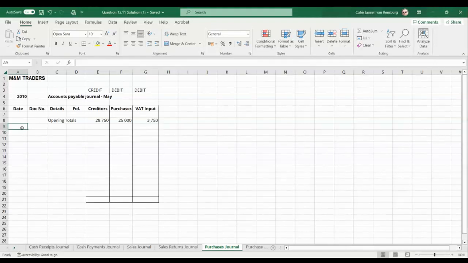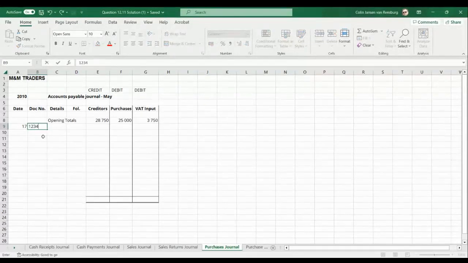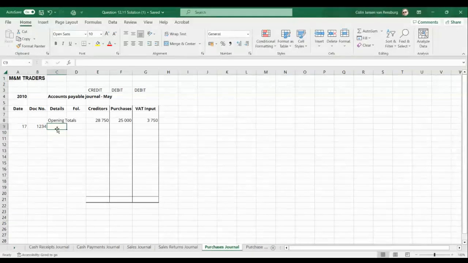Let's again use an imaginary date. Let's say it's the 17th. The document number will depend on the invoice number or the goods received note number, GRN. I'm not going to type in the numbers there. Let's just do it once to illustrate it. Let's say this is number 1234, just to give it a document number.